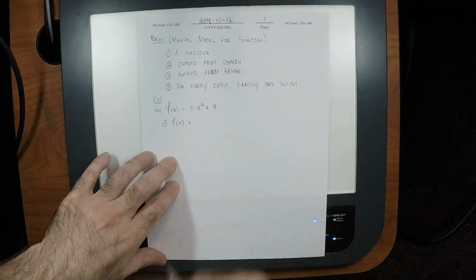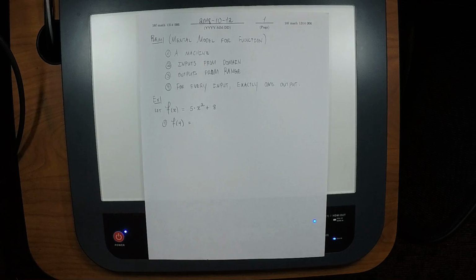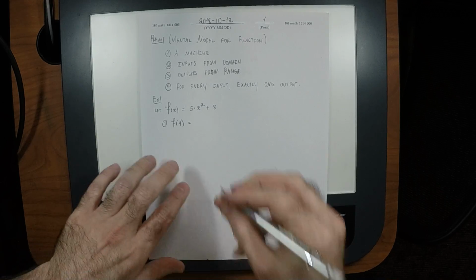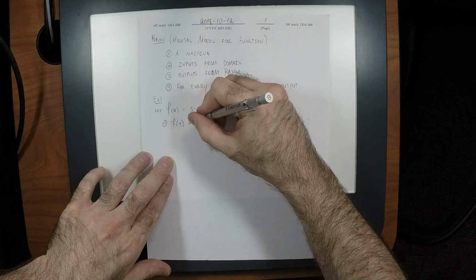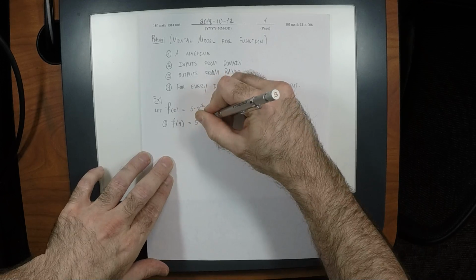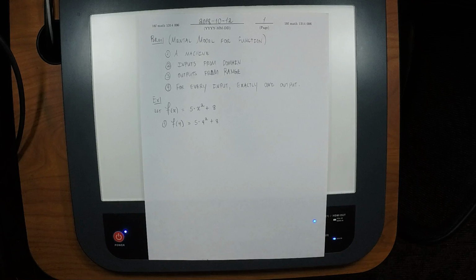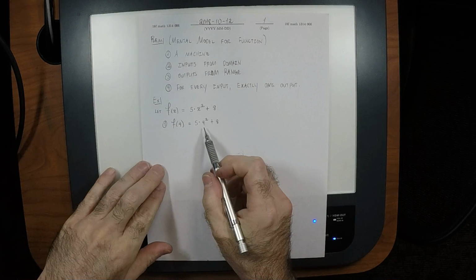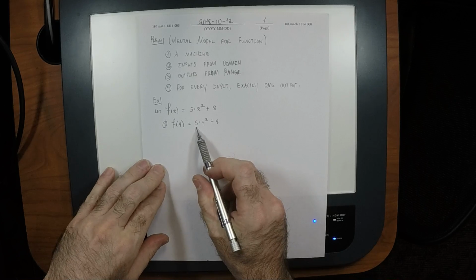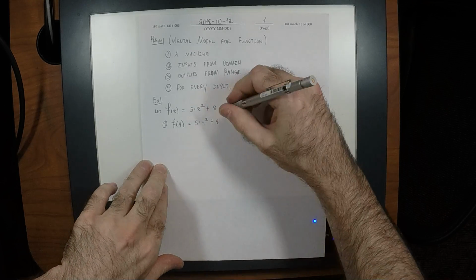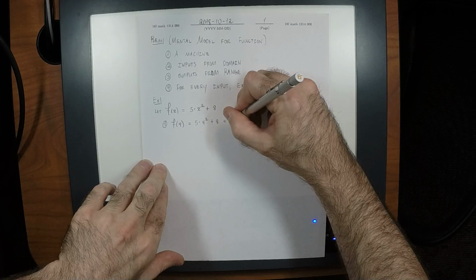So what is being requested? Yeah, to replace all the x's with 4's. So that'd be 5 multiplied by 4 squared plus 8. So then, that'd be 16 times 5 is 80 plus 8 is 88.